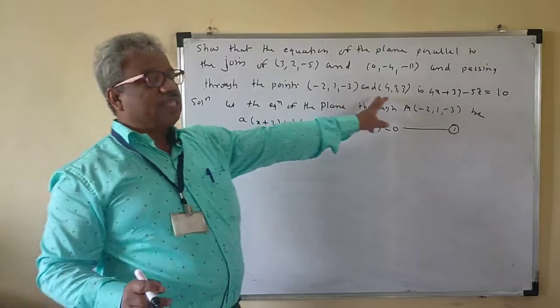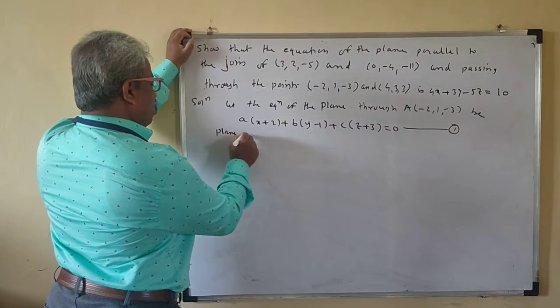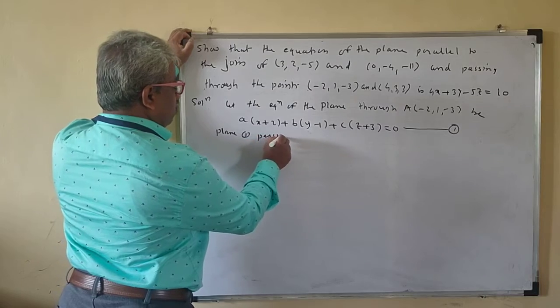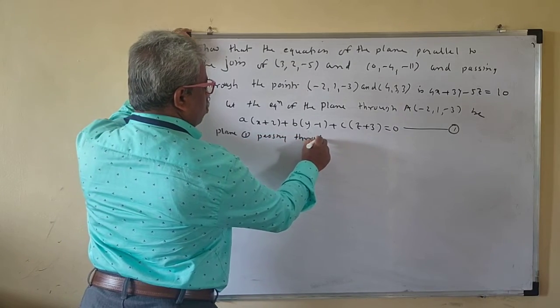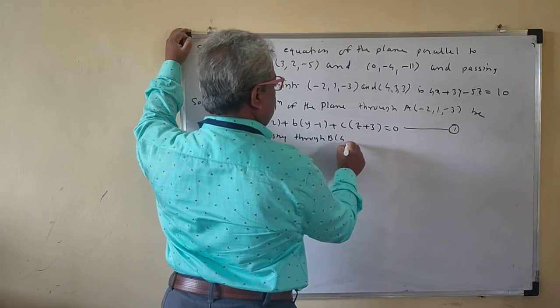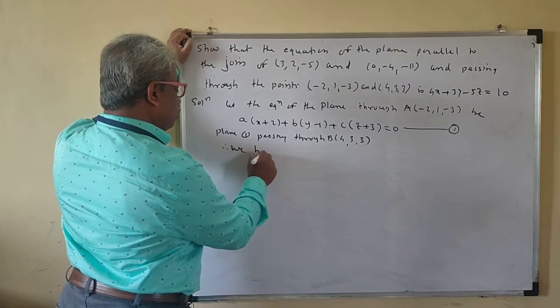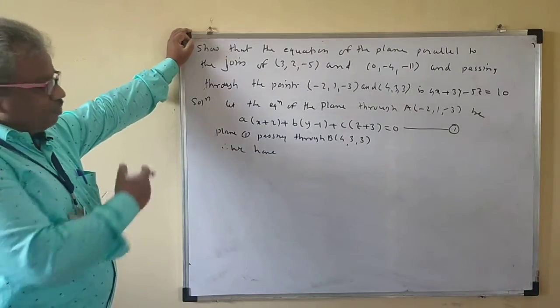One more condition is given: plane 1 passes through B (4, 3, 3). Therefore, 4, 3, 3 satisfies equation 1.